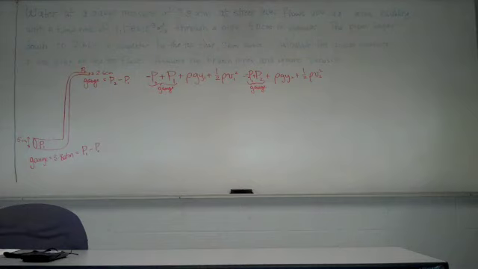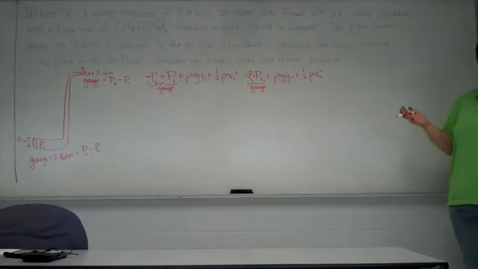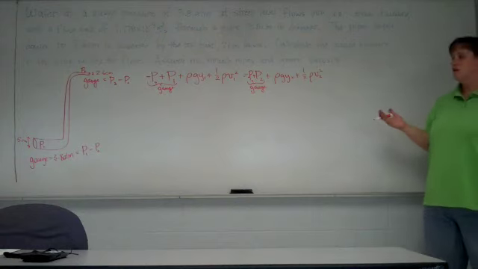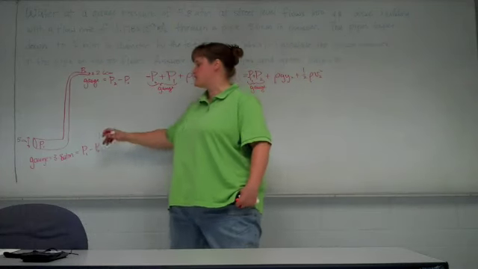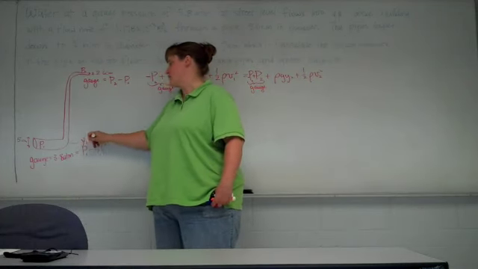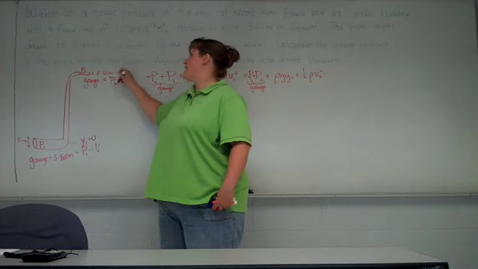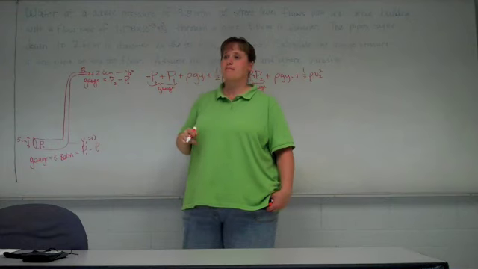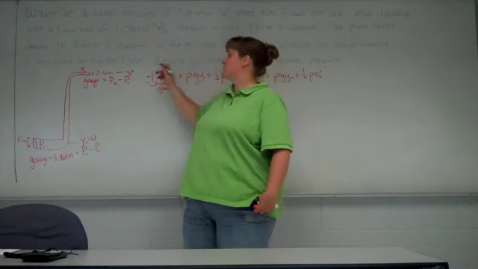Now with gravitational potential energy, the rho g y, just like we did with energy problems before, we can choose y to be 0 wherever we want. So if we call the lowest point y equals 0, so y1 is 0, what will y2 be? 20 meters.